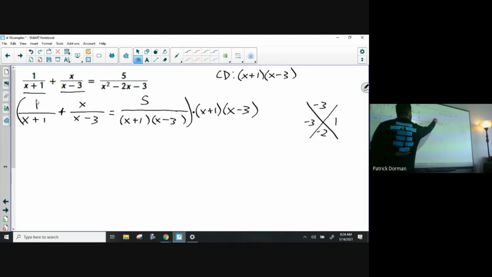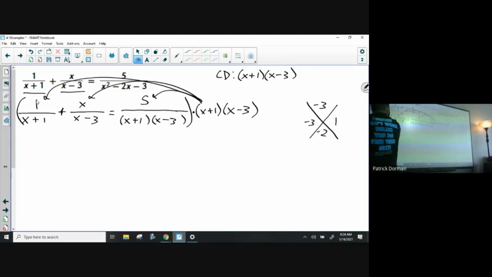Okay, time to multiply. So I'm going to multiply each of my numerators by x plus 1 times x minus 3. So this is going to be an x plus 1 times x minus 3 up here because we're only multiplying by 1. Not going to change a thing.